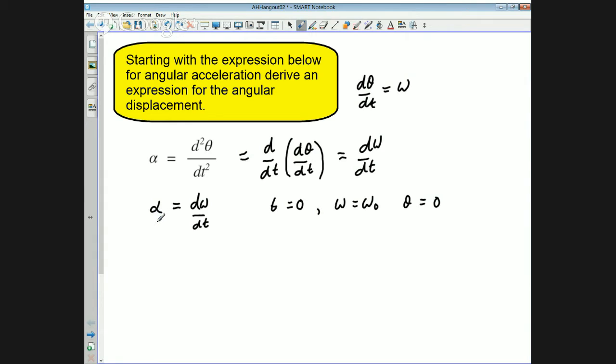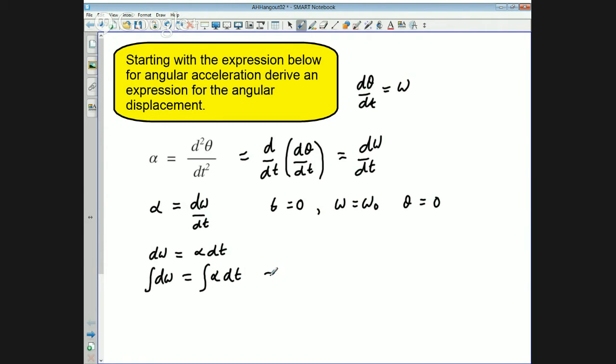Now we've got angular acceleration alpha is going to equal d omega by dt. So we can cross multiply and we can have d omega is going to equal alpha dt. Then we begin to integrate up. So I can say the integral of d omega equals the integral of alpha dt.